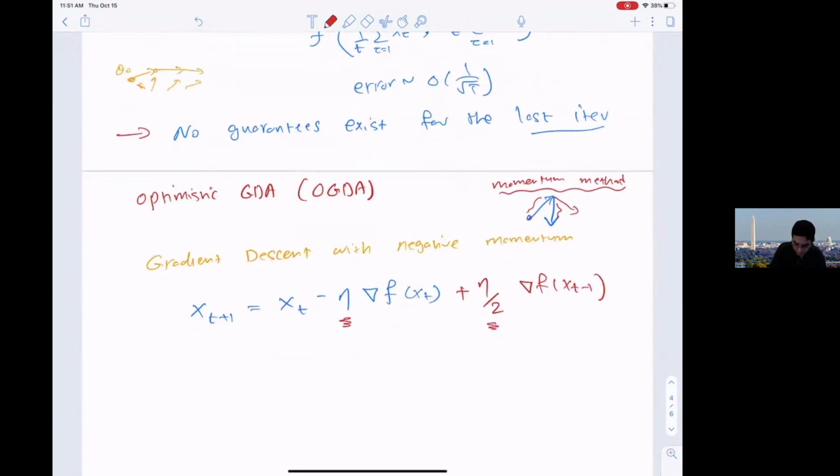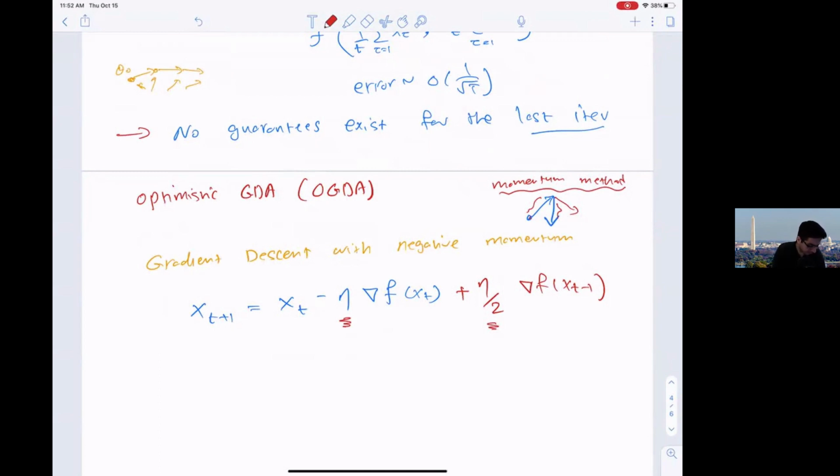Obviously, if the two gradients are in the same direction, the same vectors, then it basically means your learning rate is becoming half of your previous learning rate. But if your gradients are different, it means that you have some momentum from your past gradient in your current update, so as not to suddenly jump around.